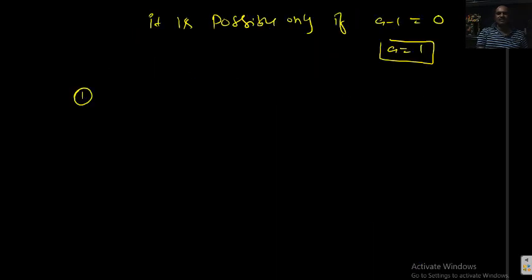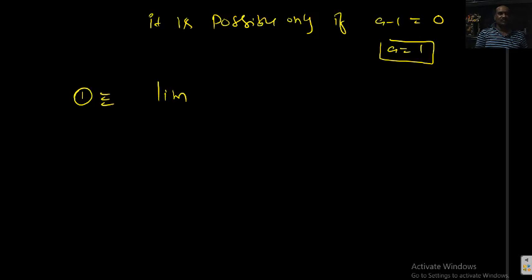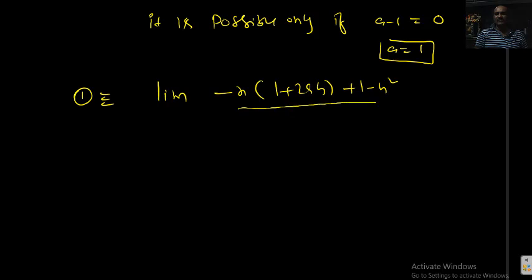So the first result becomes now, students listen, the limiting value of what? Minus x times of (1 plus 2ab) plus 1 minus b square, by x times of, what here also. Okay. Later I will write, you write as it is. Now what happened here?